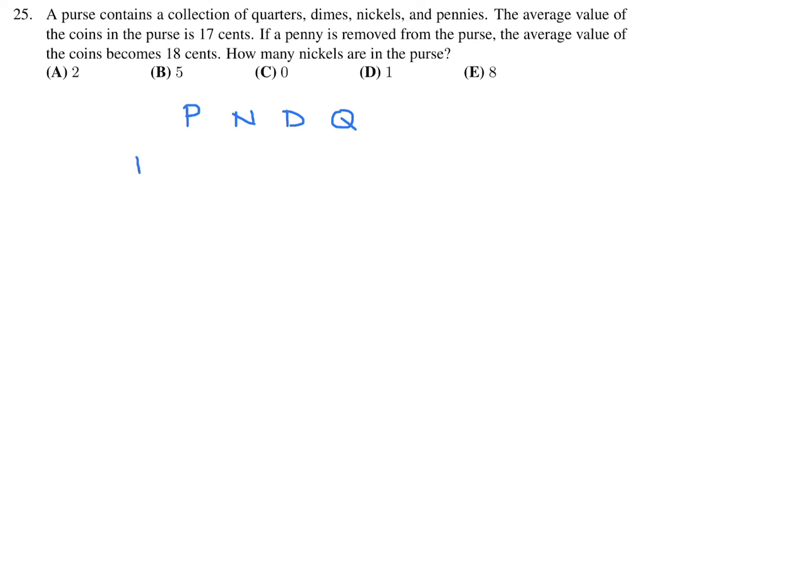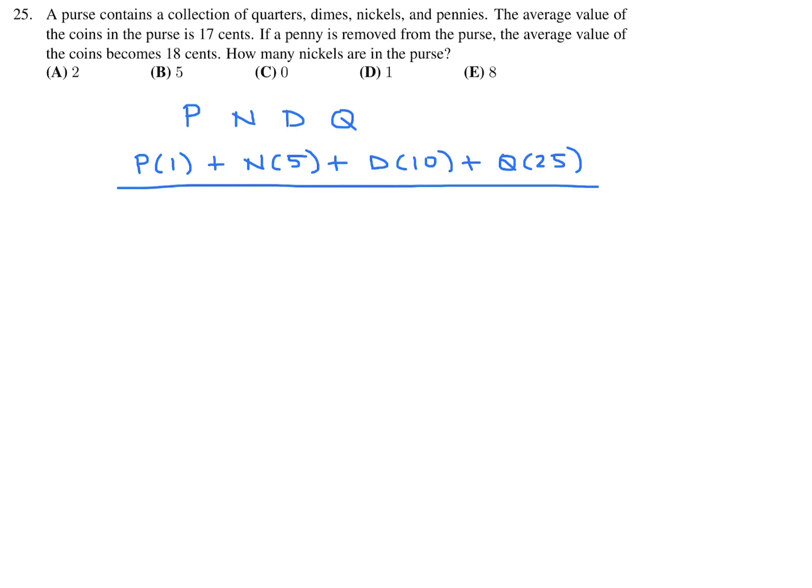So the number of pennies times 1, which is the value of a penny, plus the number of nickels times 5, which is the value of a nickel, plus the number of dimes times 10, plus the number of quarters times 25, is the total sum of the amount of money. And of course you have to divide by the number of coins, which in this case would be the number of pennies, plus the number of nickels, plus the number of dimes, plus the number of quarters.